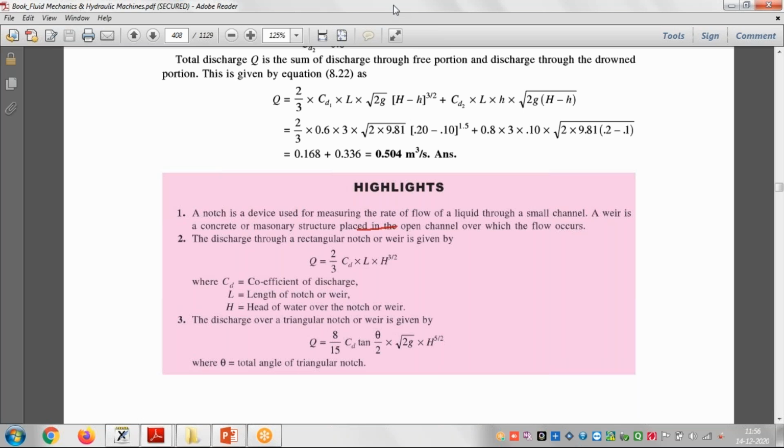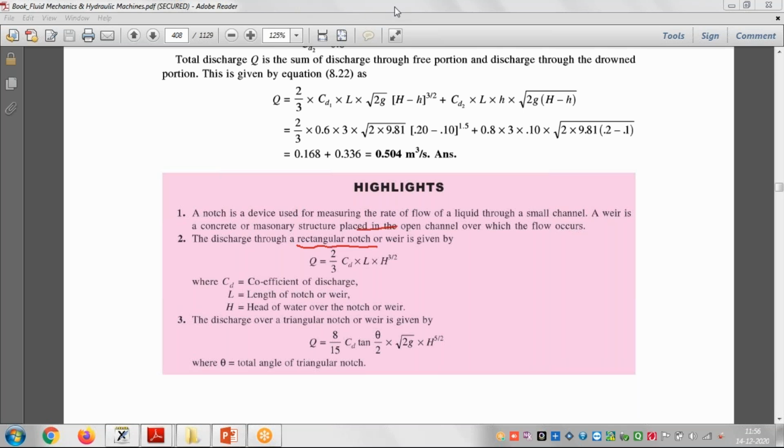I think it is visible to you, right? So what is this formula actually? First of all, remember that this formula is for a rectangular notch.